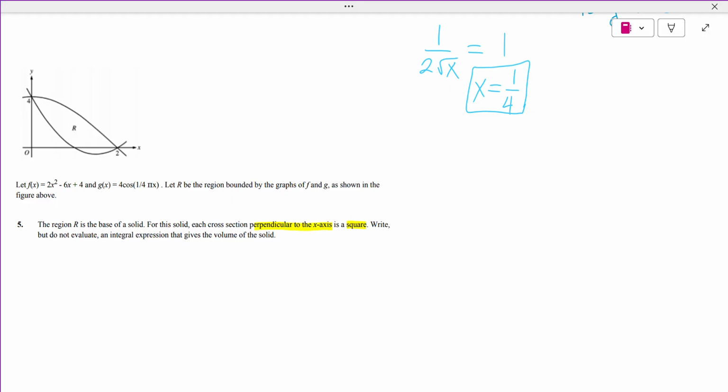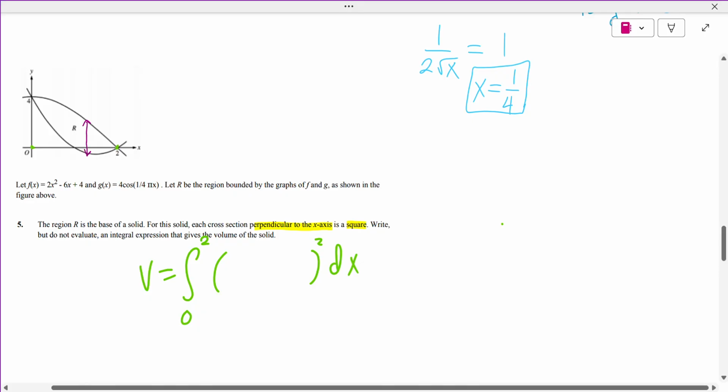So what does it say here? To find the volume, we have an integral running from 0 to 2. Up to this point, from 0 to 2. It's a square, so it's something square dx. Now the length of the side of each cross section will be the difference between the two functions, this one here.